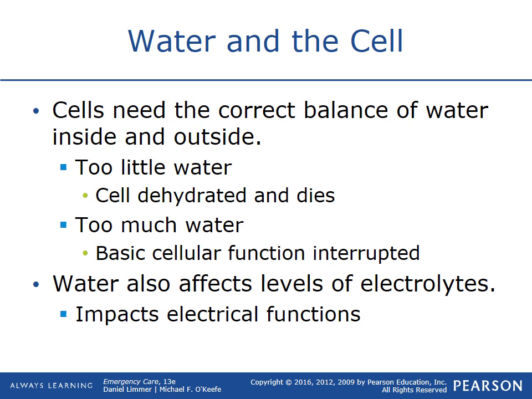Water also affects the levels of electrolytes. Electrolytes are things like sodium and potassium and magnesium. Those are our electrolytes. Now think about it. When you are dehydrated, what do they tell you to drink? They tell you to drink something with electrolytes in it.